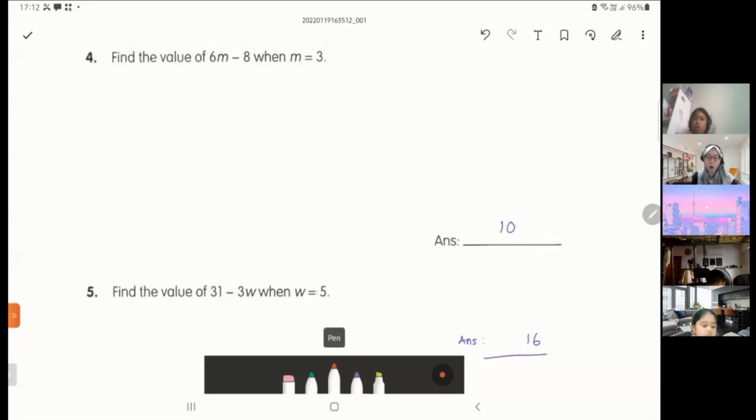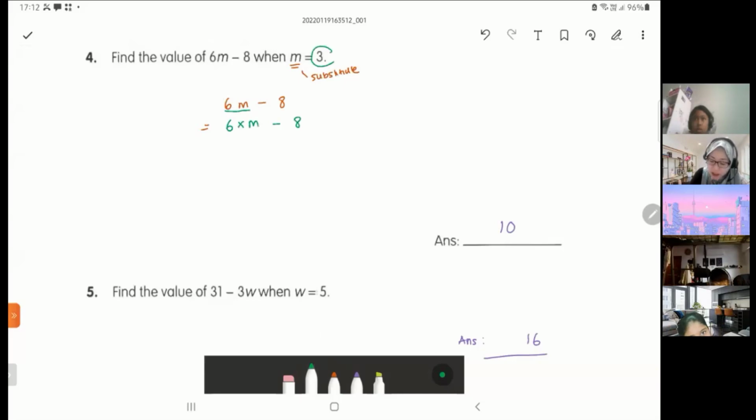Find the value of 6m minus 8 when m is 3. So in this case, we are going to substitute m. Substitute the m. Wrong spelling. Okay, never mind. You understand. So 6m minus 8 is equals to, which means 6m is 6 times m, minus 8.